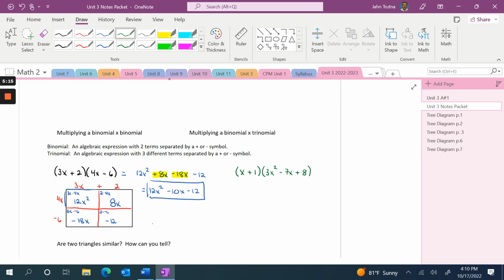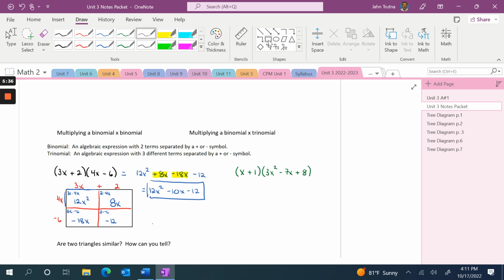So notice we have a binomial x plus 1, two different terms separated by the addition symbol. Then we have a trinomial, 3x squared is different from 7x, which is different from 8, three different terms, each different term separated by a subtraction or an addition symbol.